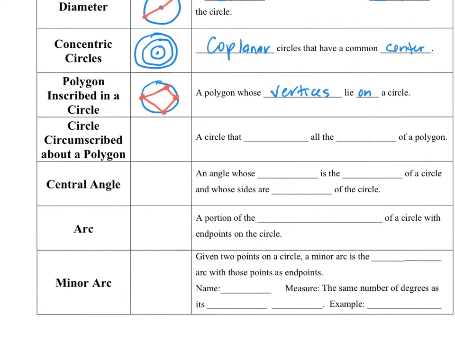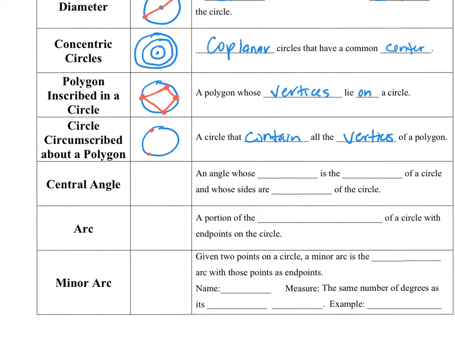Now, if we look at the other side of the coin, let's talk about the circle in this situation. A circle that's circumscribed about a polygon is a circle that contains all the vertices of a polygon. Okay, so let's draw an example of that. I'm going to draw a circle, and then I'm going to draw a triangle.